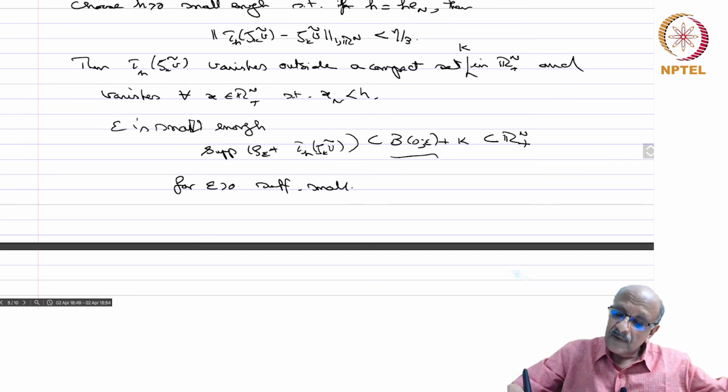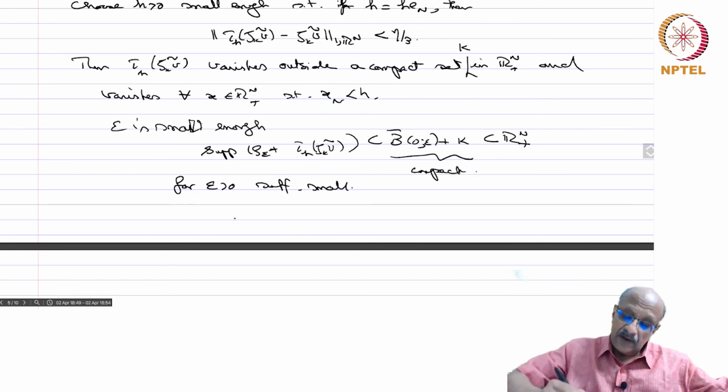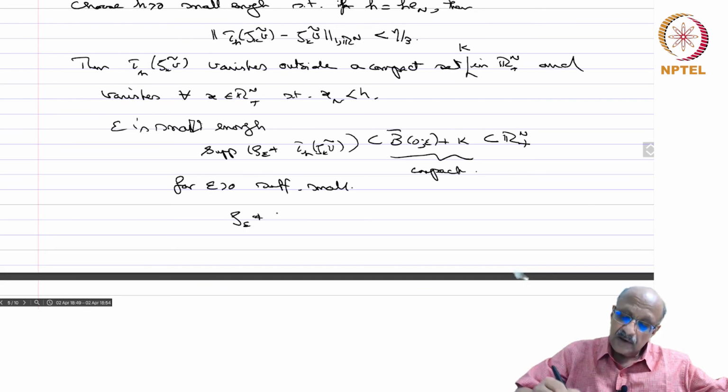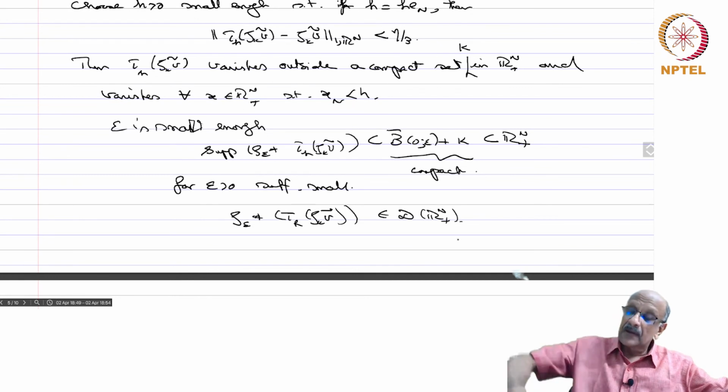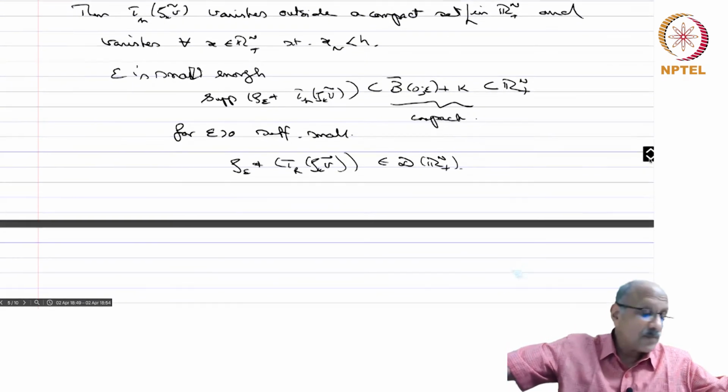This is the sum of two compact sets, so it is compact, and therefore rho epsilon star tau h zeta k V tilde belongs to D of Rn plus, because it is a C infinity function and its support is compact.